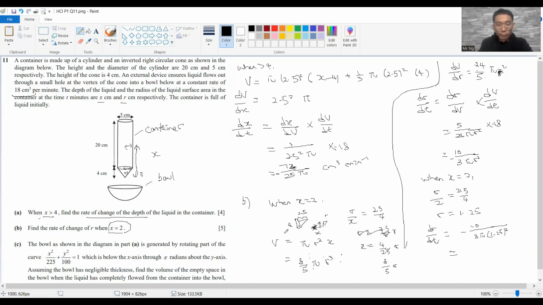Because it's a cone, so 1/3 here. So here 15. To differentiate this, okay, let me redo everything. Sorry.